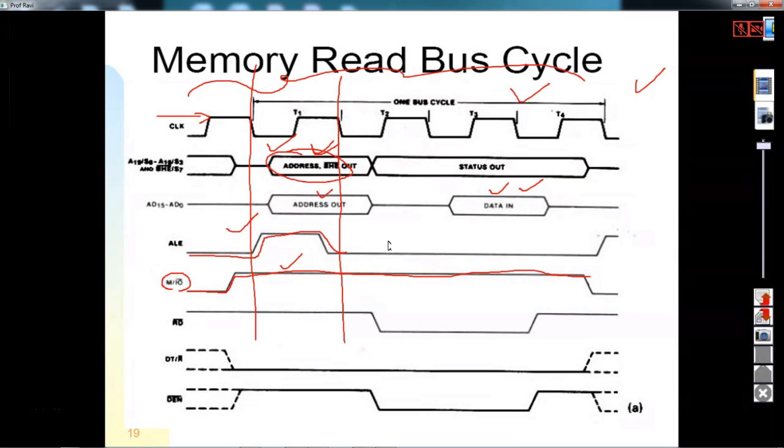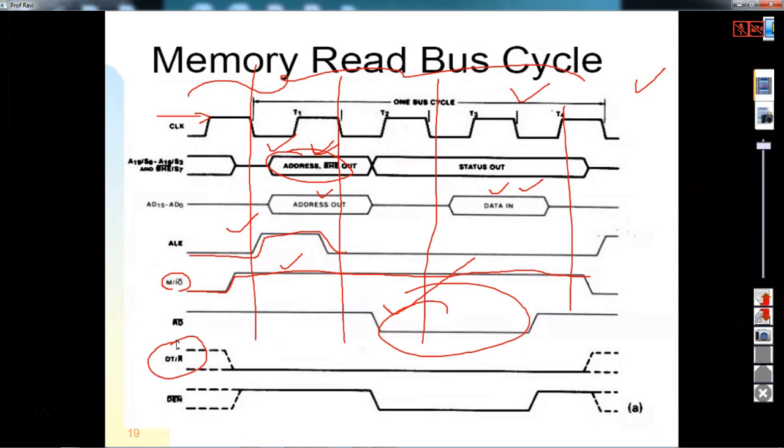Data is not available during T1. The data is available from T2, or rather from T2 to T3, T4. That's why the read bar signal goes low, indicating that it is reading a byte. The byte is available during T3 and T4. During this time it goes high. And DT/R bar.